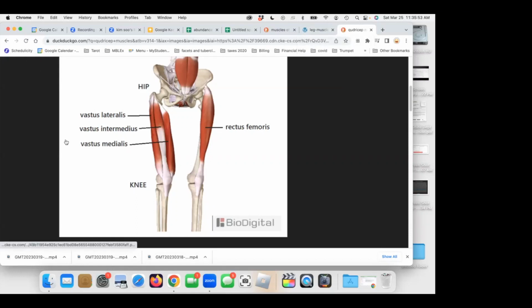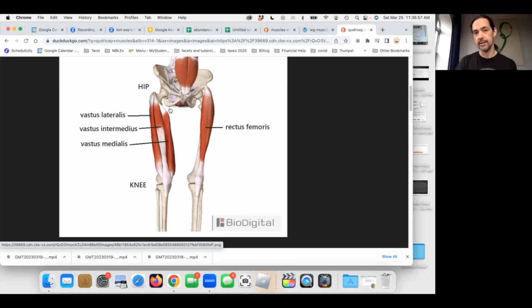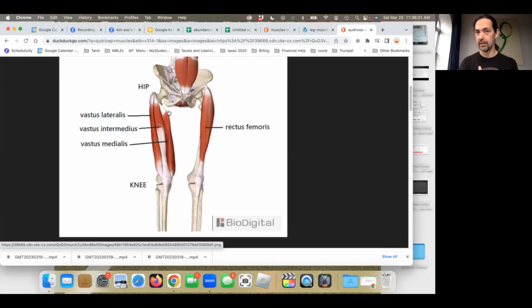Are the adductors deeper than all these? The adductor magnus is posterior. I would say that the adductor longus, pectineus, gracilis, and adductor brevis are not deeper, they're medial. So here's the midline.